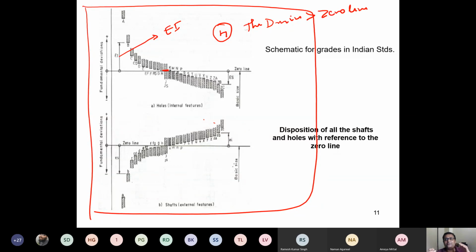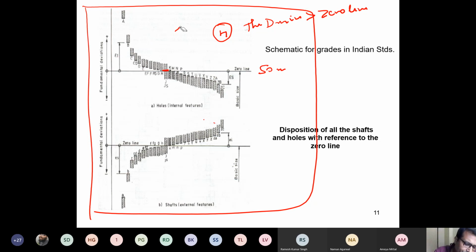Whatever dimension you have decided, if you have decided 50 mm, my zero line is 50 mm, and the lower limit, the EI, is much farther. So it's much larger than 50 mm, like 50.2, 50.4, 50.5, something like this.